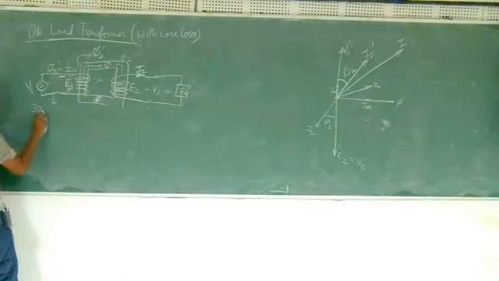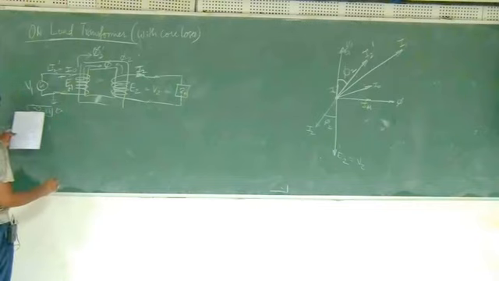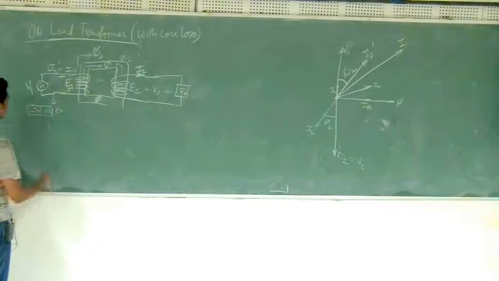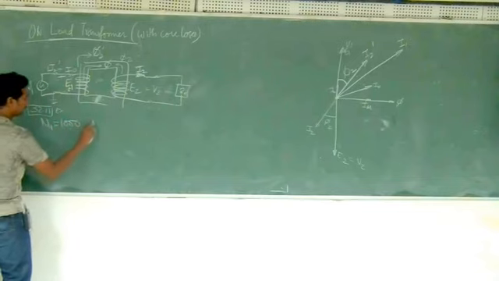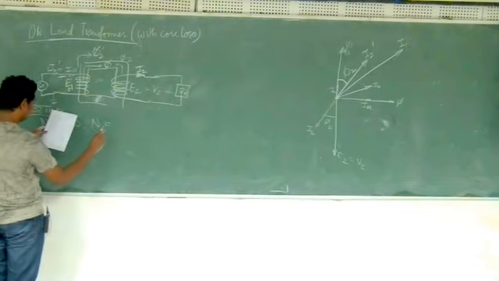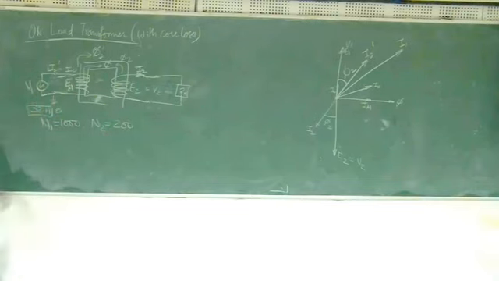This is like example 32.11 in that book. The given data is like this. N1 is 1000, N2 is 200. So immediately I can see it's a step down transformer, 5:1 kind of thing.